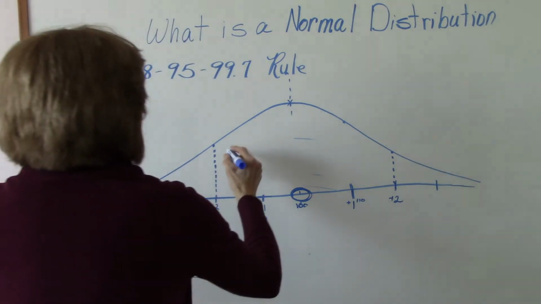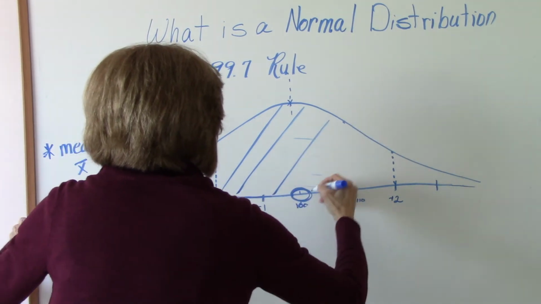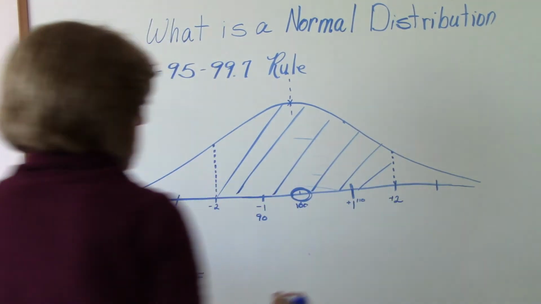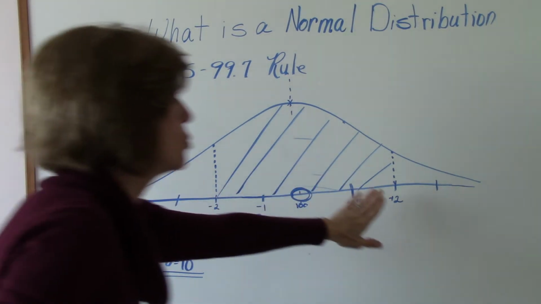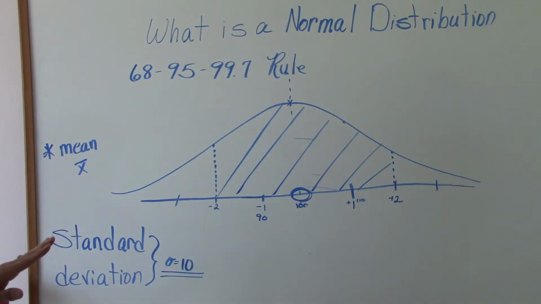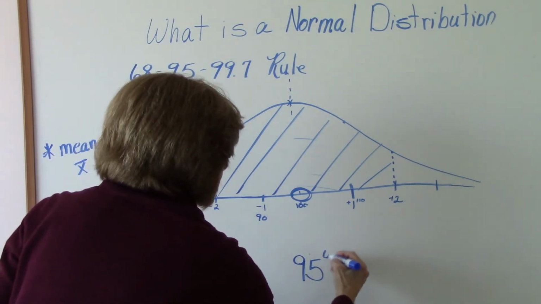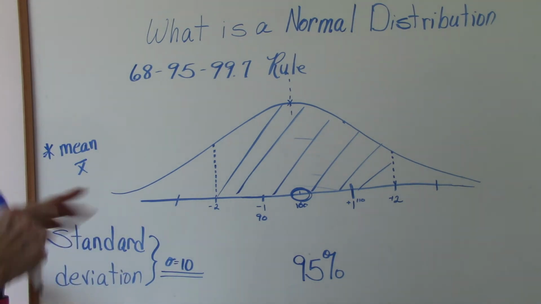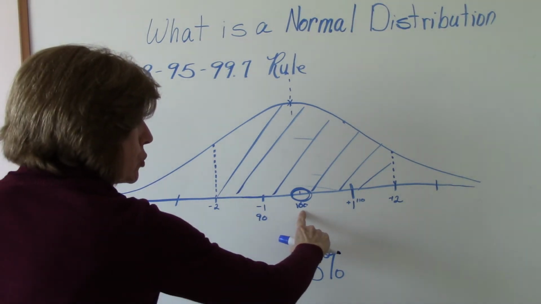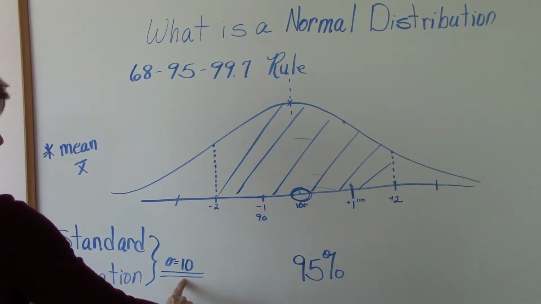Okay, but if we now take a look at all of this from 2 standard deviations below the mean to 2 standard deviations above the mean, this here would represent 95% of the data. Okay, so again, we've got that 100 pounds with a standard deviation of 10.